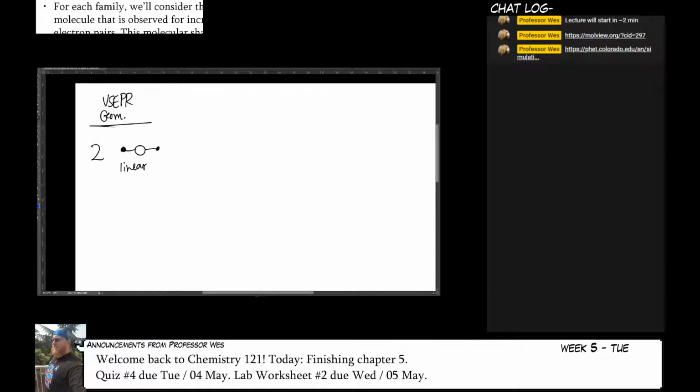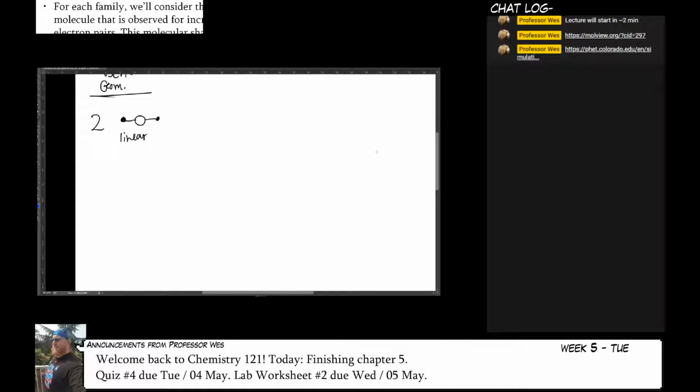We're going to have things with 2 electron groups, then things with 3 electron groups, and then finally 4 electron groups.